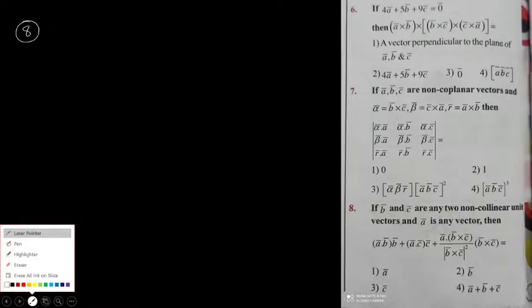Here, A bar is any vector, that's why I'm taking let A bar equals to A1 I bar plus A2 J bar plus A3 K bar, and B bar, C bar are any two non-collinear unit vectors, that's why I'm assuming like this.